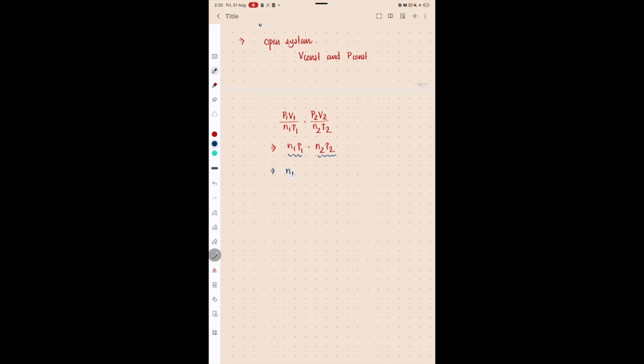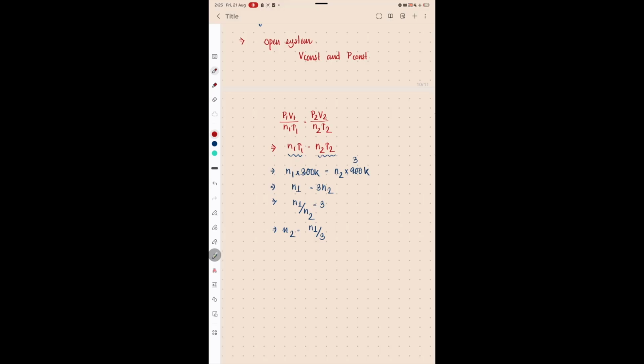Initial state was N1, temperature was 300 K, and it was N2 at temperature 900 K. That means N1 is equal to 3N2, right? So N1 divided by N2 is equal to 3, so you can see that N2 is equal to N1 by 3, right?